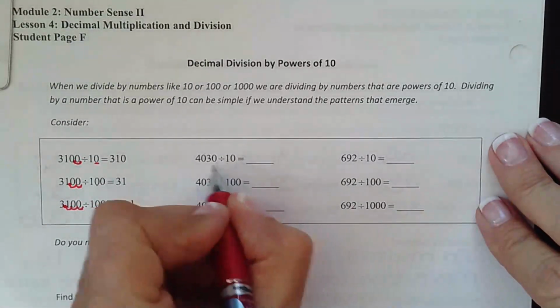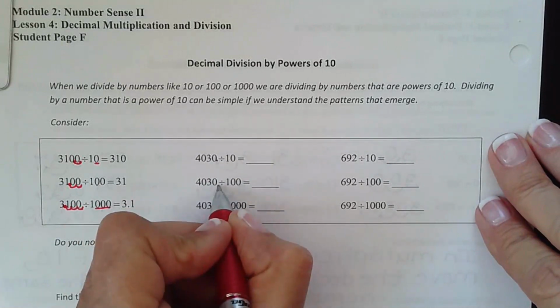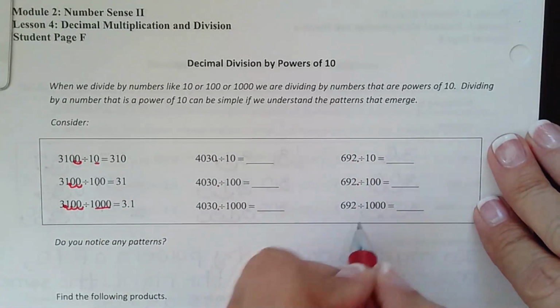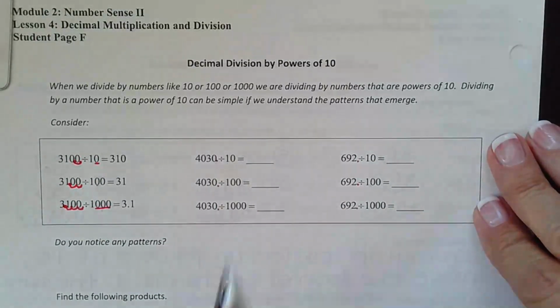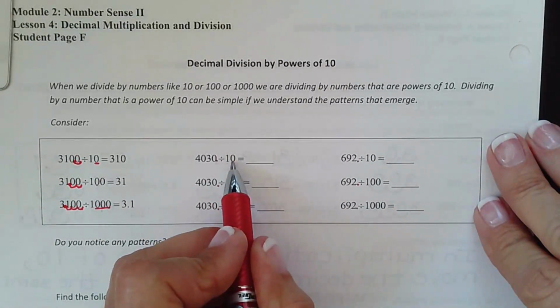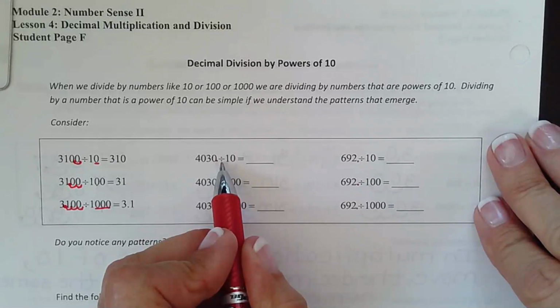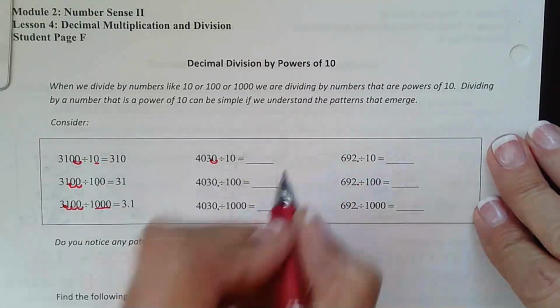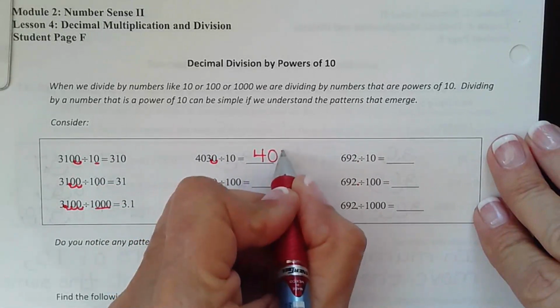So here we take the whole number. You can put your original decimal in if you want for all of these, just to remind you that it starts out there. This says move it 1. The division says right. So when I move it 1 right, I get 403.0, which is 403.